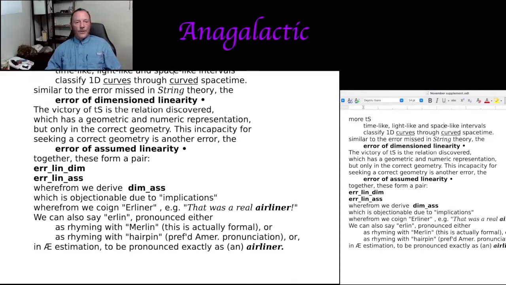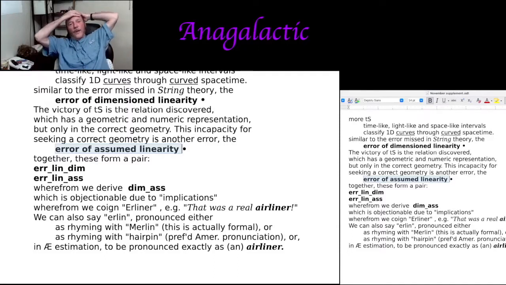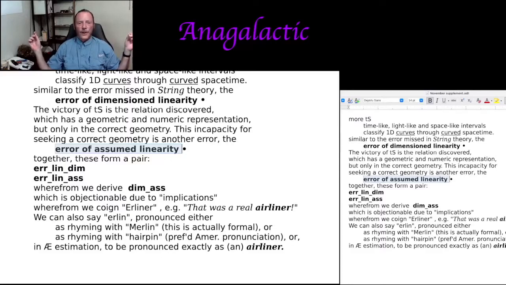Now, there's another mistake called the error of assumed linearity. I'll cover that in a while, but for now, I should tell you what that means. Why am I citing two different errors? They're closely related. When you're using a straight line, that has all the numbers on it.